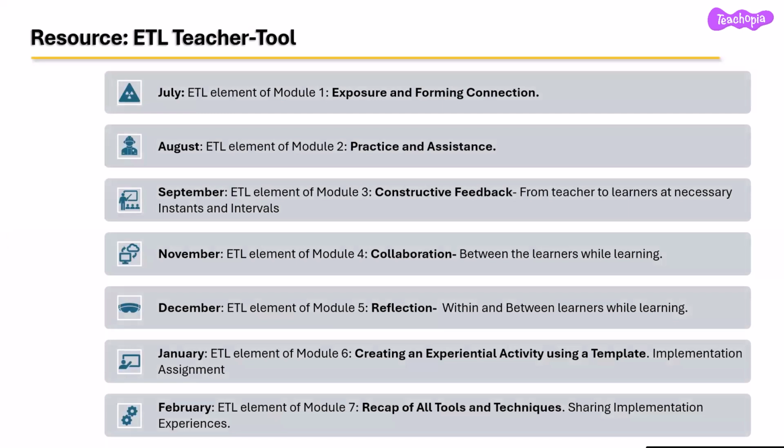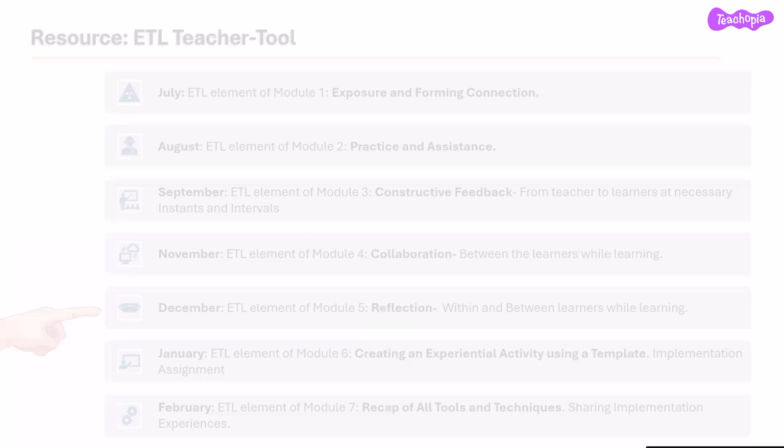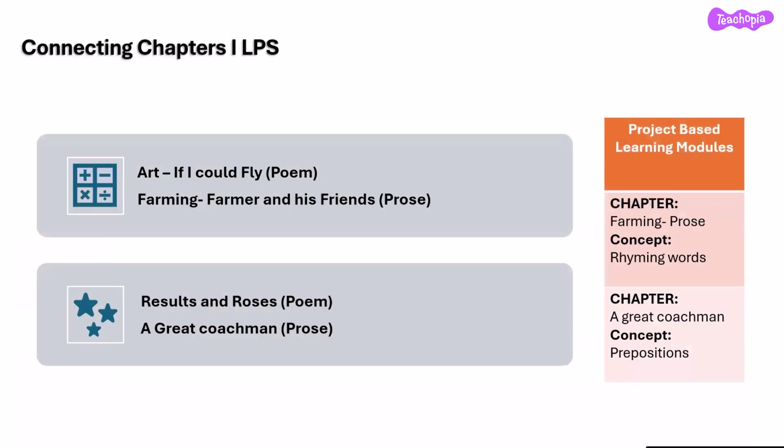Just like every other month, we have a theme for this month too. This month's theme would be reflection within and between the learners who are learning. We will be looking at the chapters Art, If I Could Fly, which is a poem, and Farming, Farmer and His Friends.